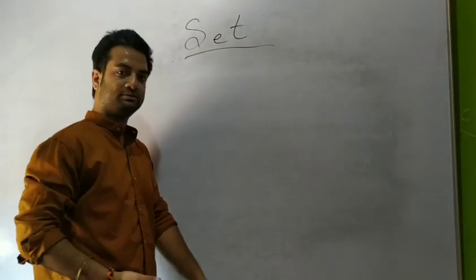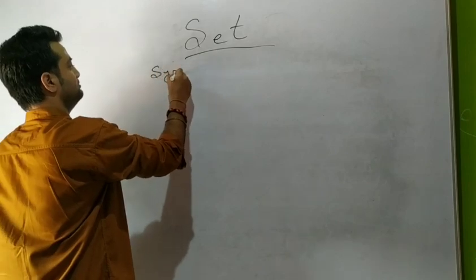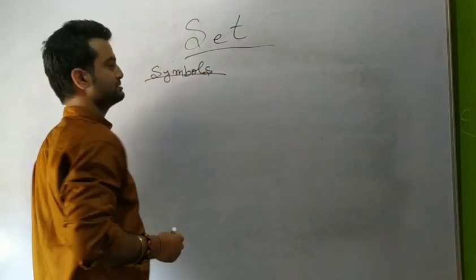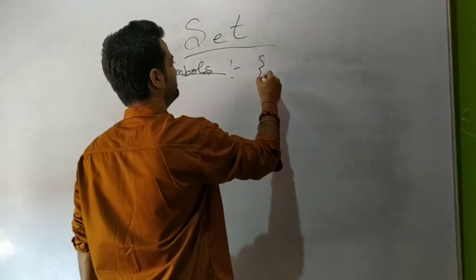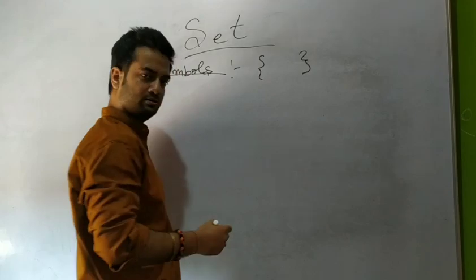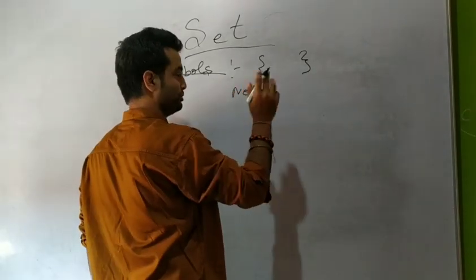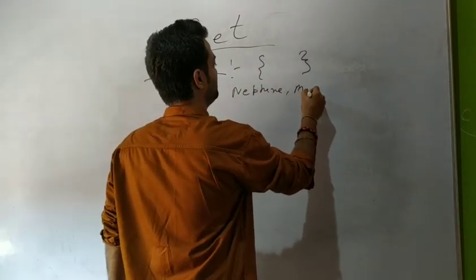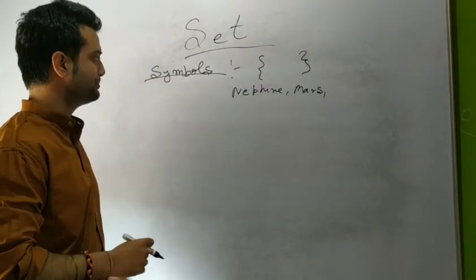Now let's move further. Now we will talk about the symbols used in sets. First, you have already seen that we use curly brackets to represent a set. Do you remember that Neptune, Uranus, Mars were included in the set of planets of our solar system?